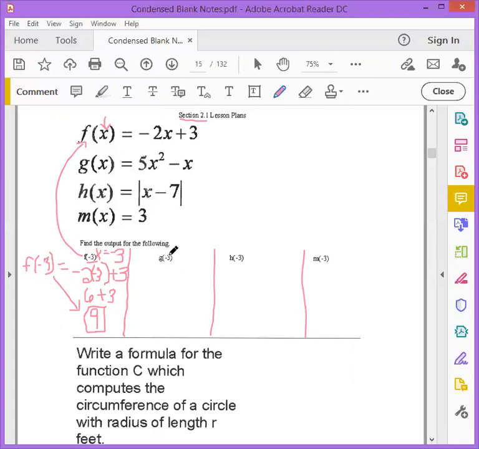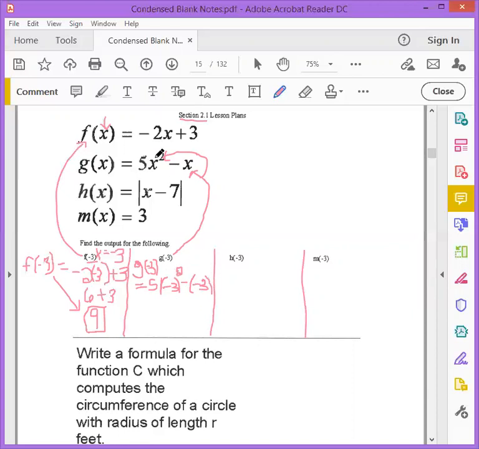Now finding g of -3, we're going to substitute -3 everywhere we see x using the g function. In the g function, we have 5x squared minus x. So g of -3 would equal 5 times -3, that's -3 to the second power, minus -3.